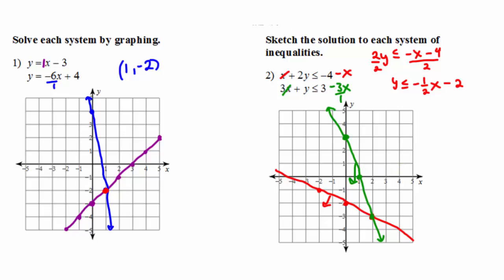And so if you think about below the red line, which is here, and below the green line, which is here, what we need to color is where those two places overlap, which is here. Okay, because we want it to be below the red line, but also below the green line. So this part I have shaded in yellow, which that color may have been a poor choice on my part, but there you go.